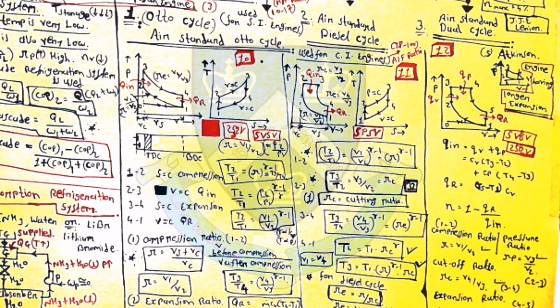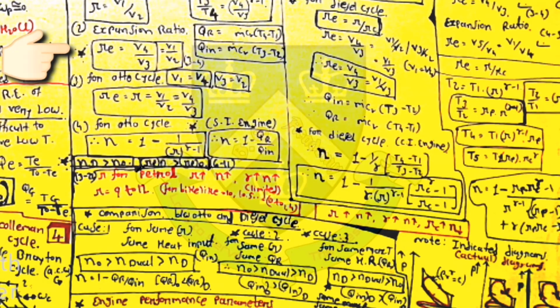Then compression ratio for process 1 to 2, R is equal to Vs plus Vc by Vc, which is equal to V before compression divided by V after compression. So R is equal to V1 by V2 and T3 by T4 is equal to V4 by V3 raised to gamma minus 1. QR is equal to m Cv (T4 minus T1) and QE is equal to m Cv (T3 minus T2).